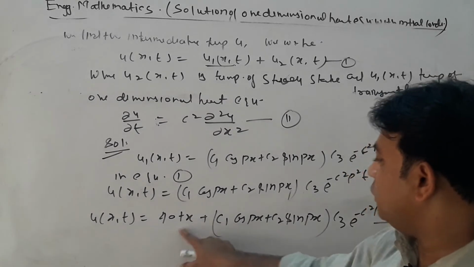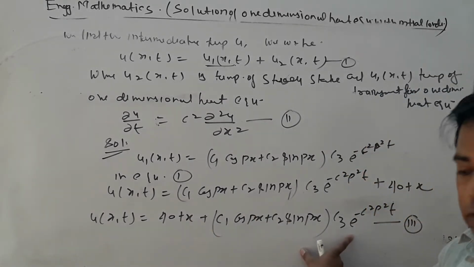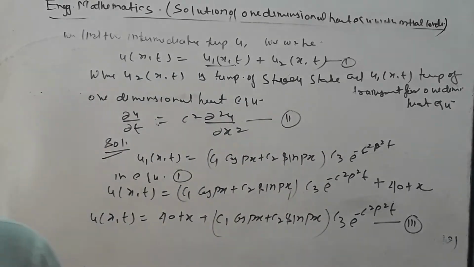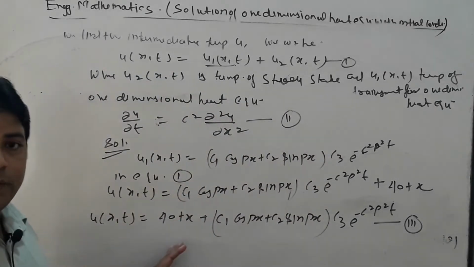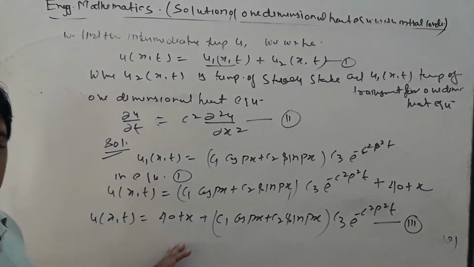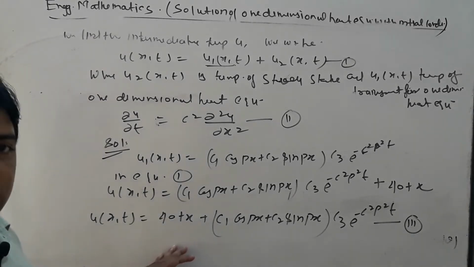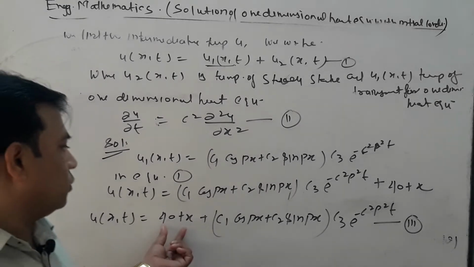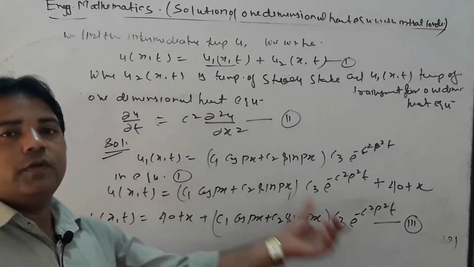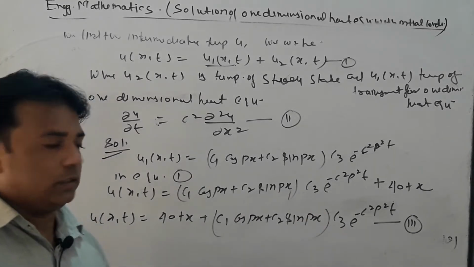To find the intermediate temperature we add u1, the transient temperature, and u2, the steady state temperature. Then after this we apply the conditions to this equation.